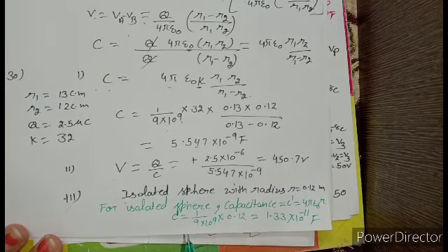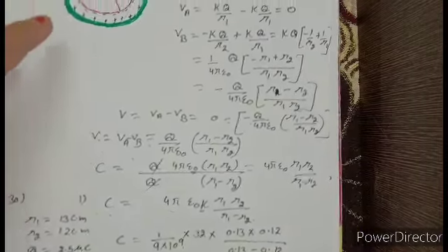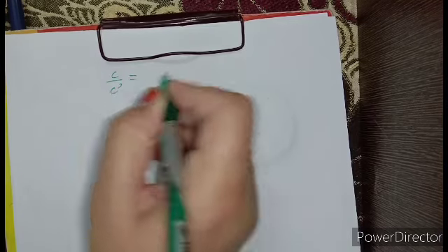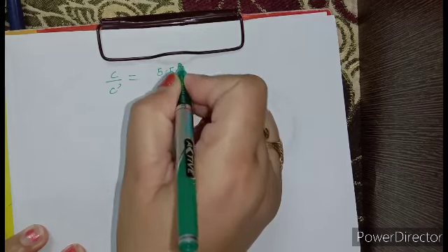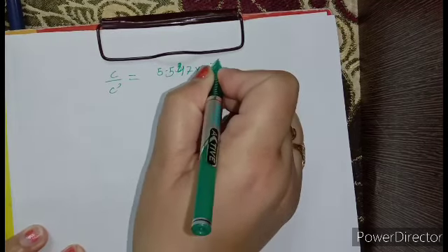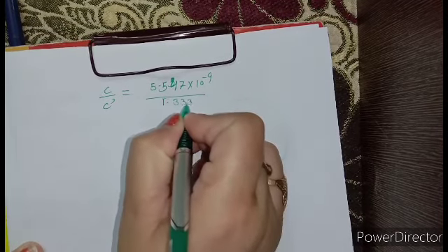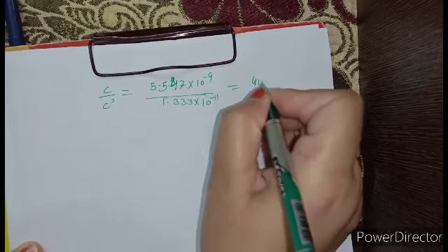But in the question it is asking to compare the capacitance of this capacitor and the capacitor which has the two concentric spheres. So now we will find out here C upon C dash, C upon C dash, this will be equal to 5.547 into 10 raised to power minus 9 divided by 1.333 into 10 raised to power minus 11, this will be equal to 416.